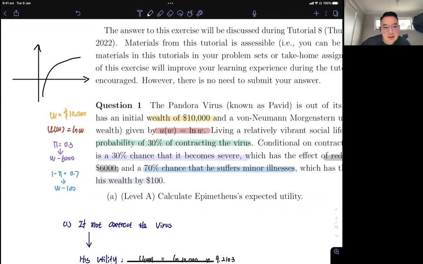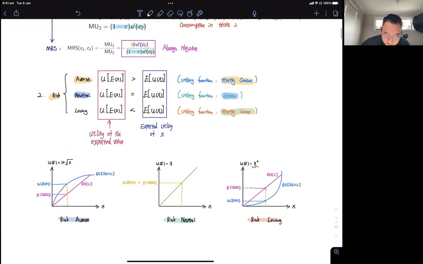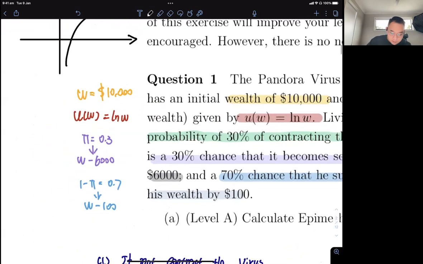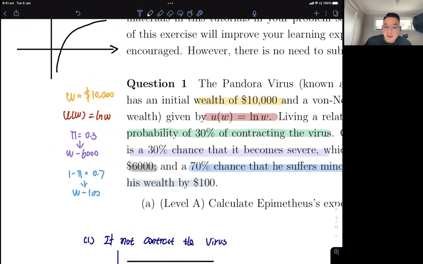Guys, what do you think? Very good. And we know for a concave function, this person must be risk averse.